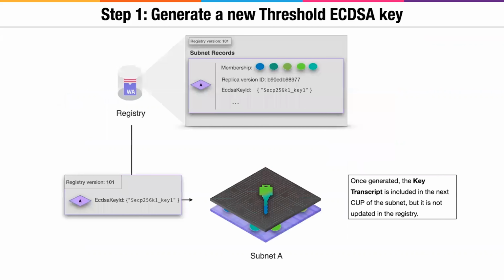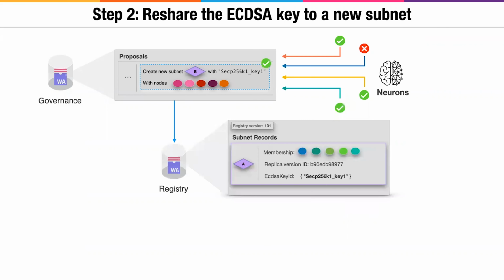So this is again just another proposal. As usual, this can be voted on by the neurons, and if this is accepted, then this request to create a new subnet is forwarded to the registry to be executed. What usually happens when you create a new subnet is that the registry will try to create a new subnet record for this subnet. And before it can do that, it generally needs to create some key material for the subnet so that it can operate.